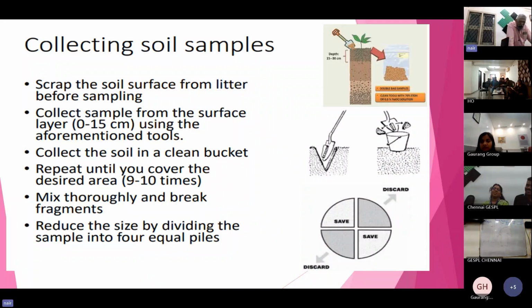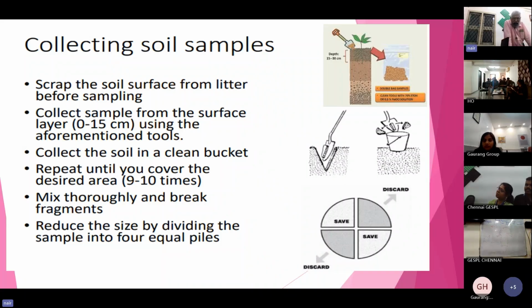Whatever testing is to be done, one is the pH and the moisture content, then water holding capacity, ion exchange capacity, then available nitrogen, available phosphorus, total organic carbon. I think this much only. For water holding capacity, they take a 10 gram sample and put it like that only.